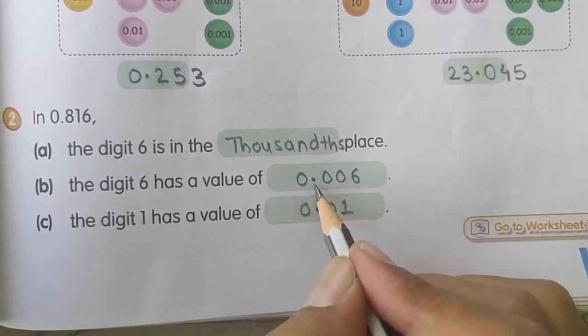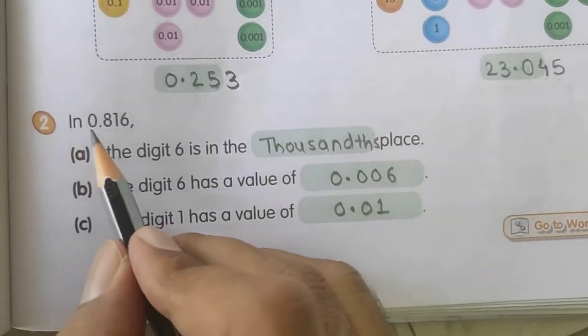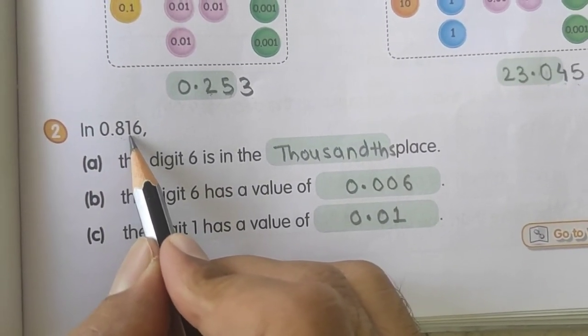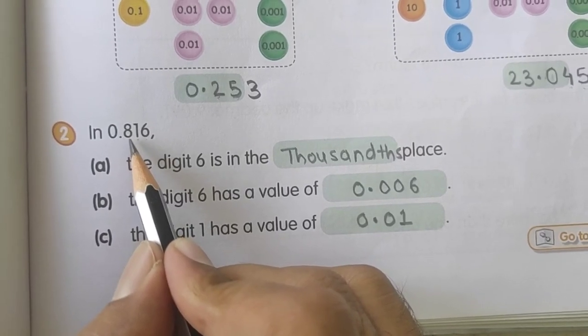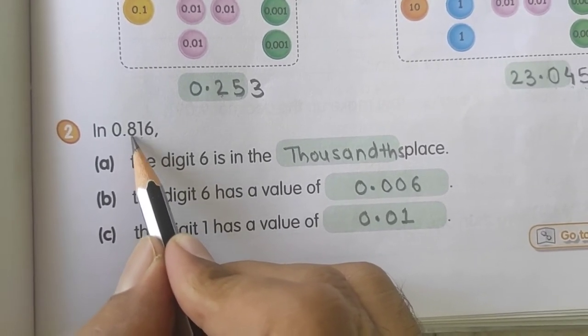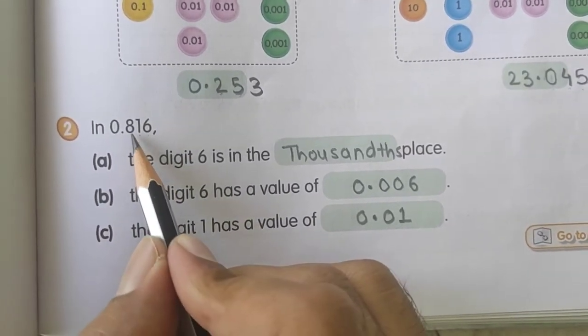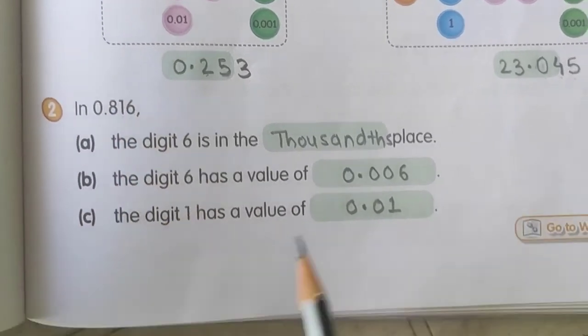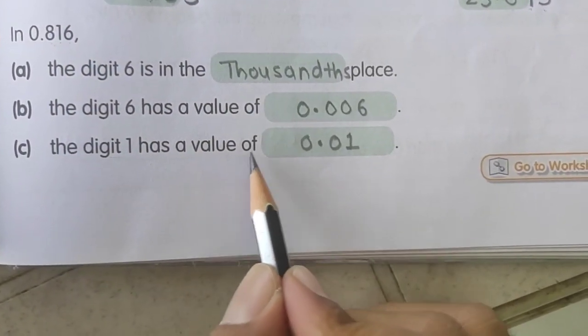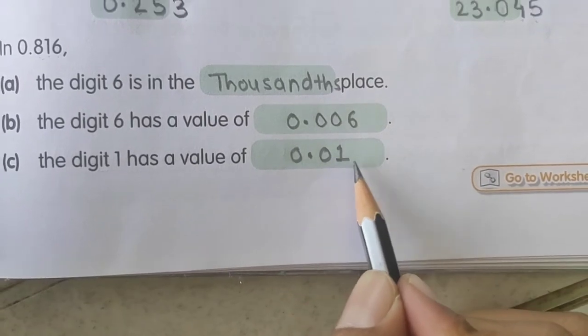See, I am getting the answer 0.006. Like this I can get the value for this 1 also. I will make the other numbers 0, so it is 0.01. And for 8, the value is only that one, 0.8. See here, digit 1 has a value of 0.01.